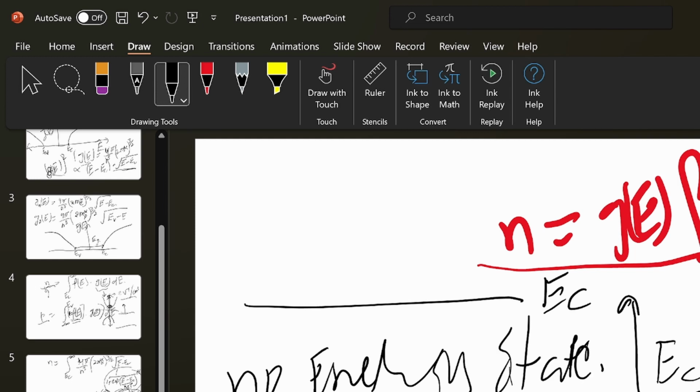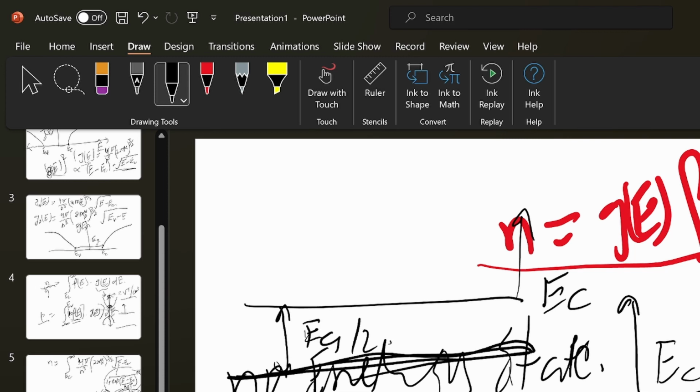Whatever states are there for the electrons, the energy states are available above EC and below EV. So this is the Fermi level. The Fermi level will always lie at the middle of the band gap. This is Eg by 2 and this is also Eg by 2. The Fermi level will always lie there in the intrinsic case.